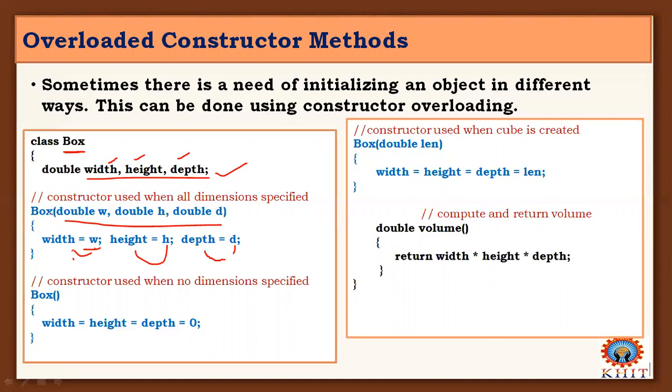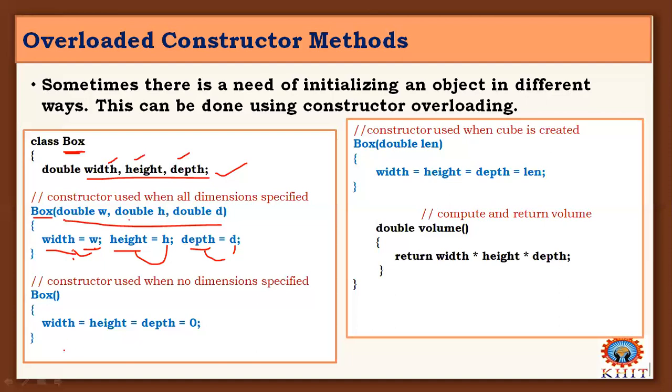Got it? This is the behavior of the constructor defined here. The constructor name is the same as the class name, and the parameter list of this constructor has three values, which initialize these instance variables: width, height and depth of the class.